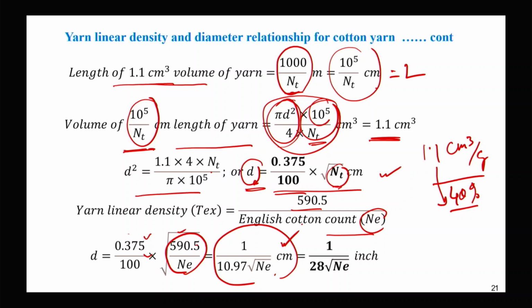If we convert it to inches, multiplying by 2.54, we get approximately 1 by 28 under root NE inch.